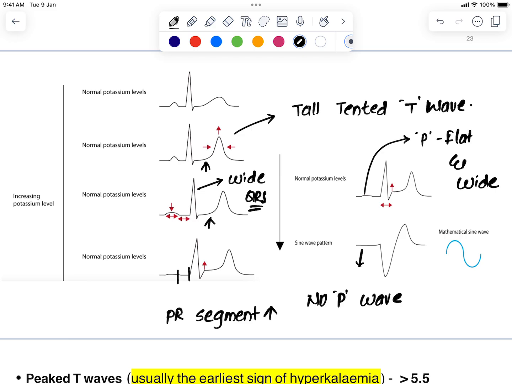Now, because of hyperkalemia, this we call as the sine wave pattern, where there will be disappearance of your P wave. The P wave will be completely flat and completely disappears, and then you have wide QRS complex.